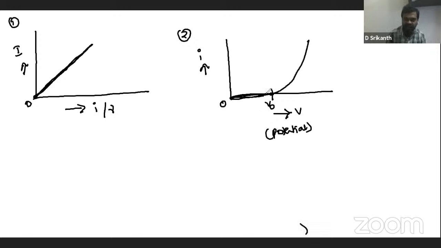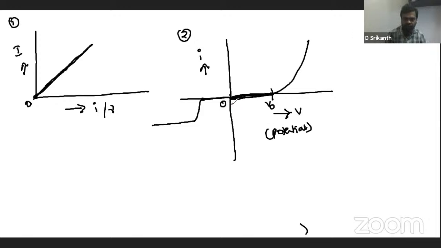Whenever we connect in reverse bias, it is the same thing. Up to the minimum potential, there will be no photocurrent, and then immediately it will come. So 0 to V naught, observe carefully.